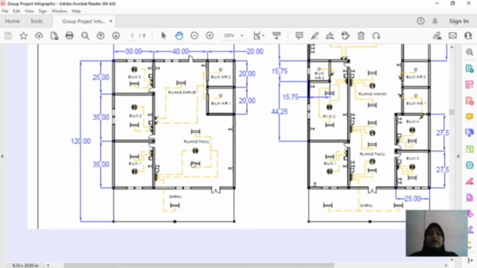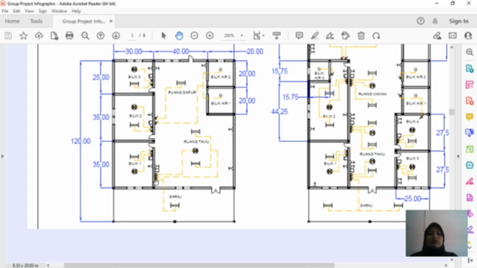So we go to ruang tamu. Ruang tamu has 2 units of 2 tube 38 watt channel luminaire and 1 ceiling fan. The sockets at ruang tamu are 3 units and 1 fan regulator.